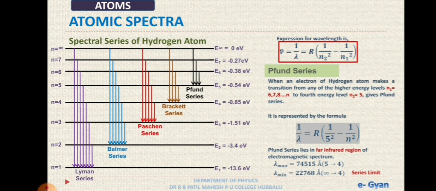Paschen is due to the transition to 3. Brackett is due to the transition to 4. And Pfund series is obtained due to the transition from any of the higher energy states to the fifth energy level. So these were the spectral series of the hydrogen atom.